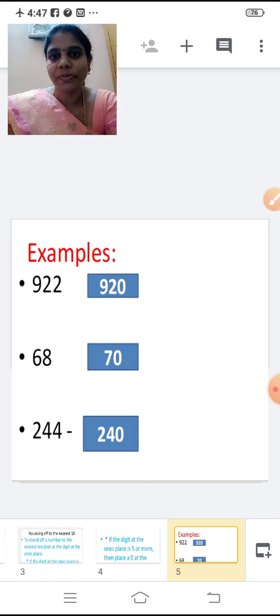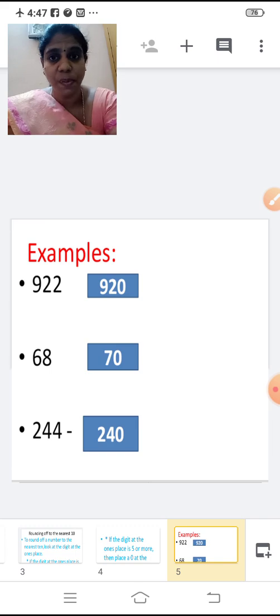Second example, 68. Now tell me, round off this number to the nearest 10 and tell me the answer, children. You have to see the digit at the ones place, right? What digit we are having in the ones place? 8. It is greater than 5, right? If it is 5 or greater than 5, what you have to do? Place 0 at the ones place, and then tens place will remain as it is, or what?